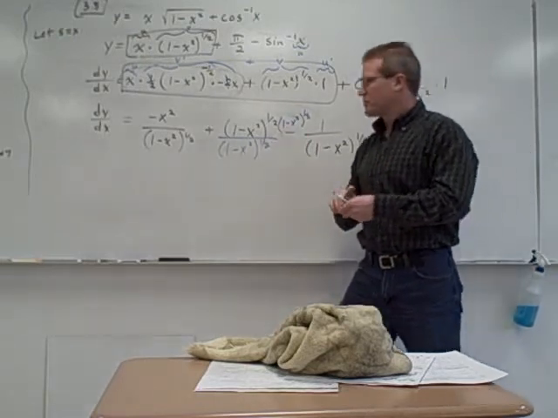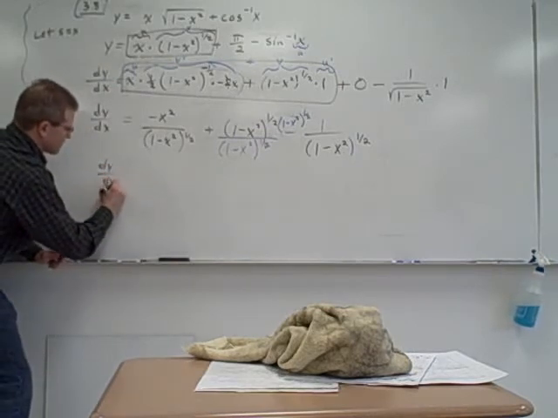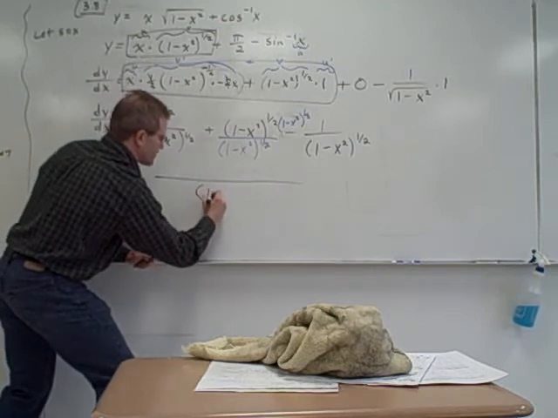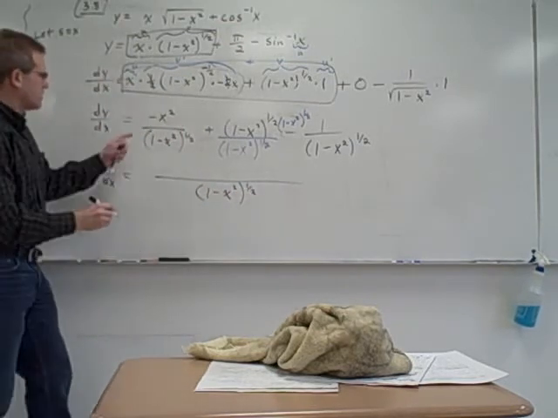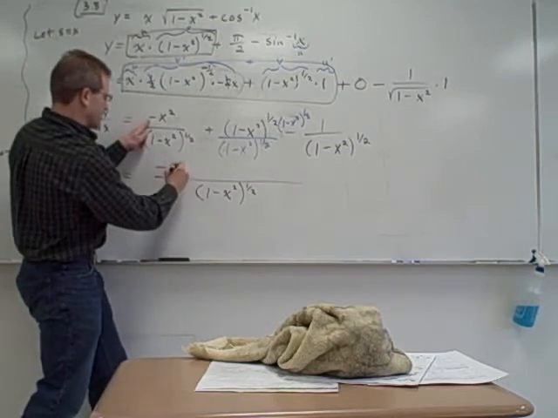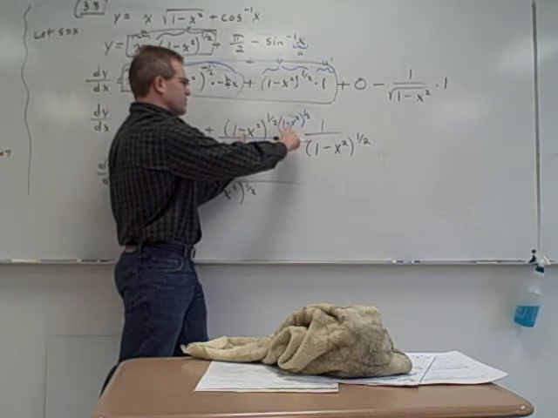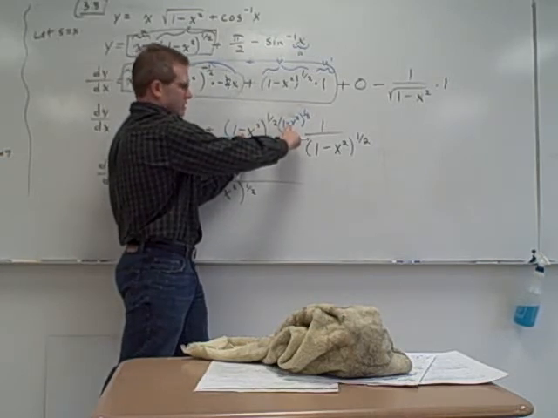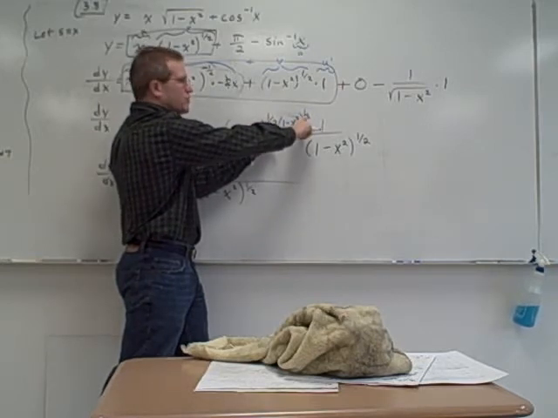So that leaves us with our last step here, dy over dx. I've got my common denominator, so I can combine all these into one fraction. I'm going to have negative x squared plus, what do I get when I multiply 1 minus x squared to the half times 1 minus x squared to the half? Remember when you multiply, you add exponents. Half plus a half is 1.